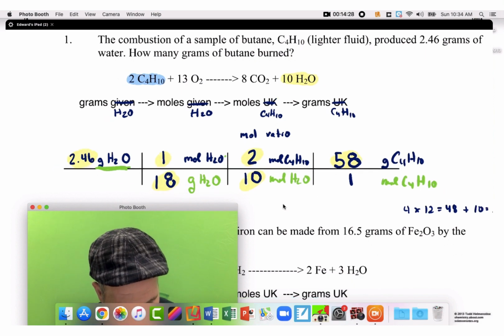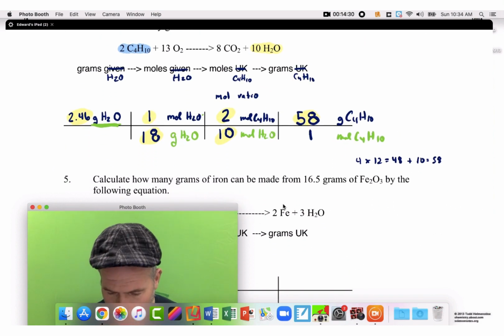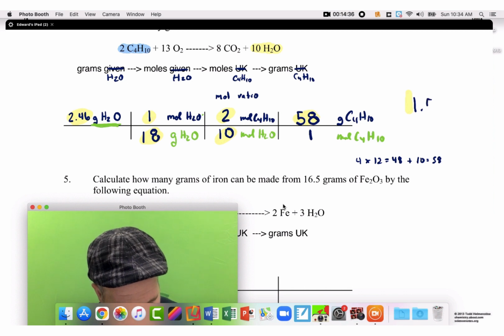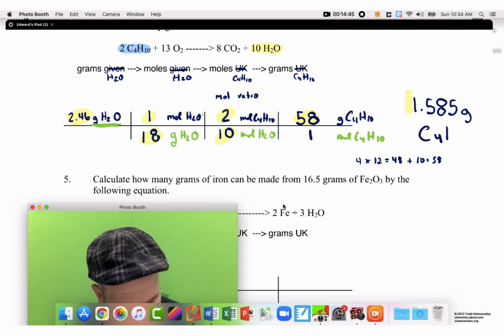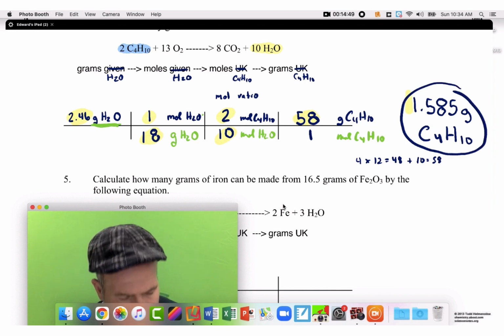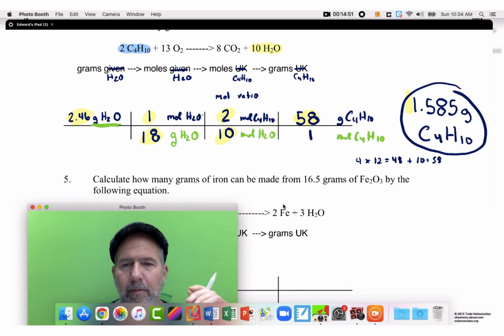And my answer that I just got was 1.585 grams of C4H10. That's it.